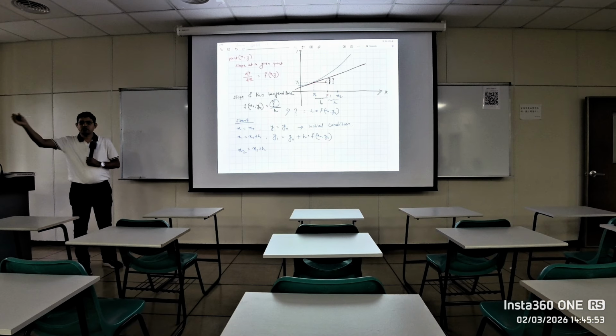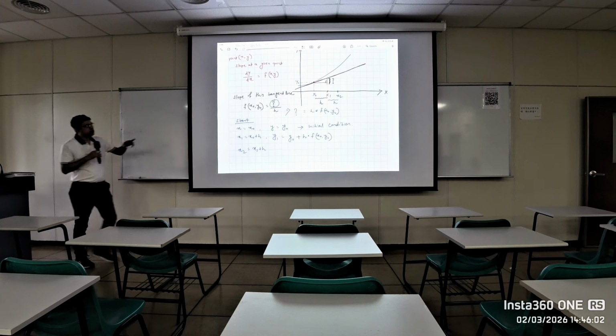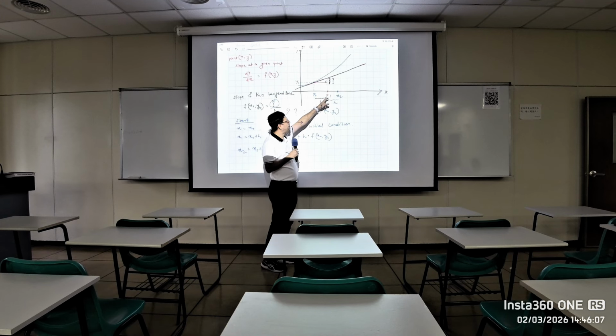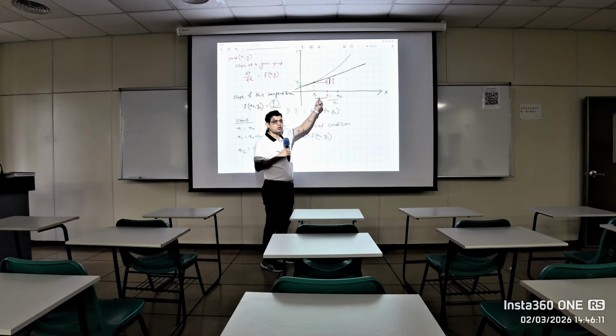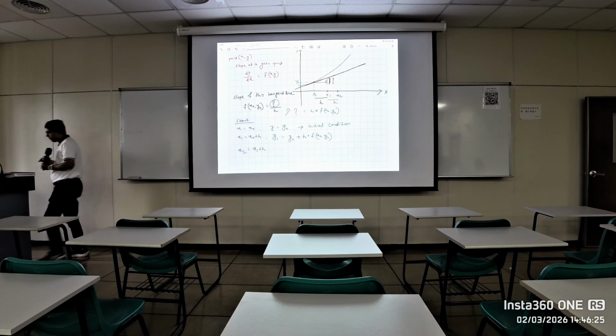I have to go for h extension in the x-axis, and I have to find out what the y is. Because every time, first I calculate the slope at x0, y0. Then after I put x1, I will find out y1. Then I have to put the next slope at x1, y1. Then I have to calculate the next x2, y2, and so on. Every time I have to calculate.